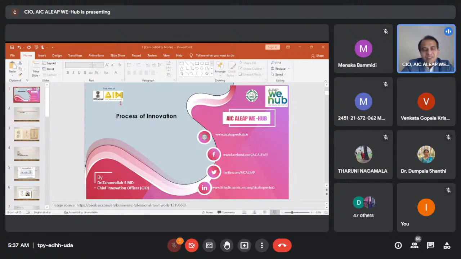Remember that the Western countries have grown into superpowers only because of inventions and innovations, the product development and process development that have taken place in those countries. And right now our India is also moving ahead towards that area.